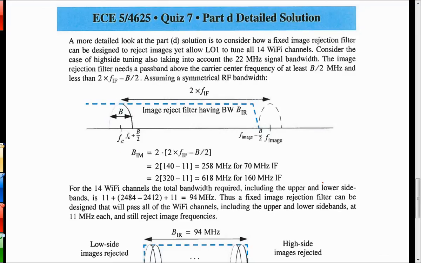If this was the signal you wanted to receive, and that blue dashed line represents this image reject filter, and if you're using high side tuning, the image would be sitting right up here at 2 times FIF away from the desired signal, and if the signal occupies a bandwidth that sits effectively 11 megahertz below the carrier, if it's another Wi-Fi signal, let's say, then your filter has to be rejecting the lower band edge of that signal, is where I came up with that.